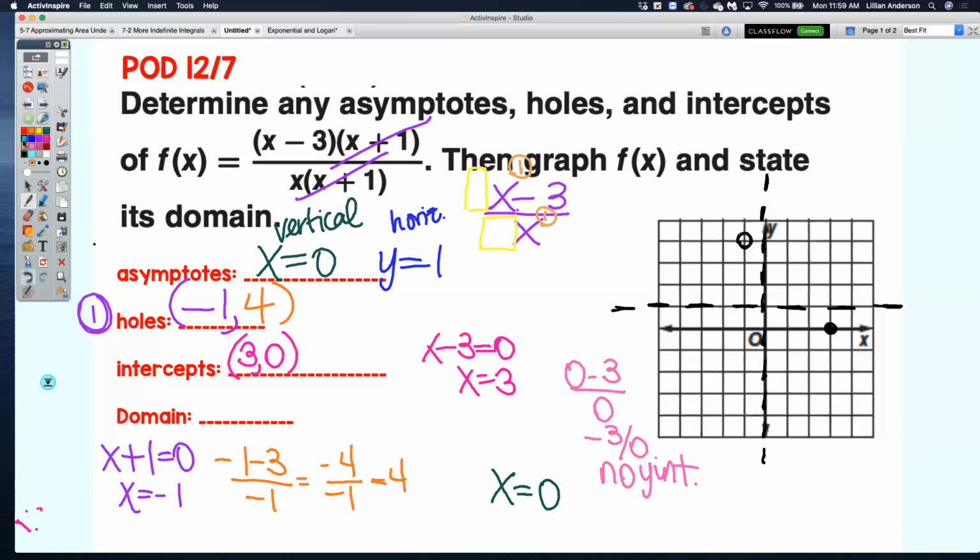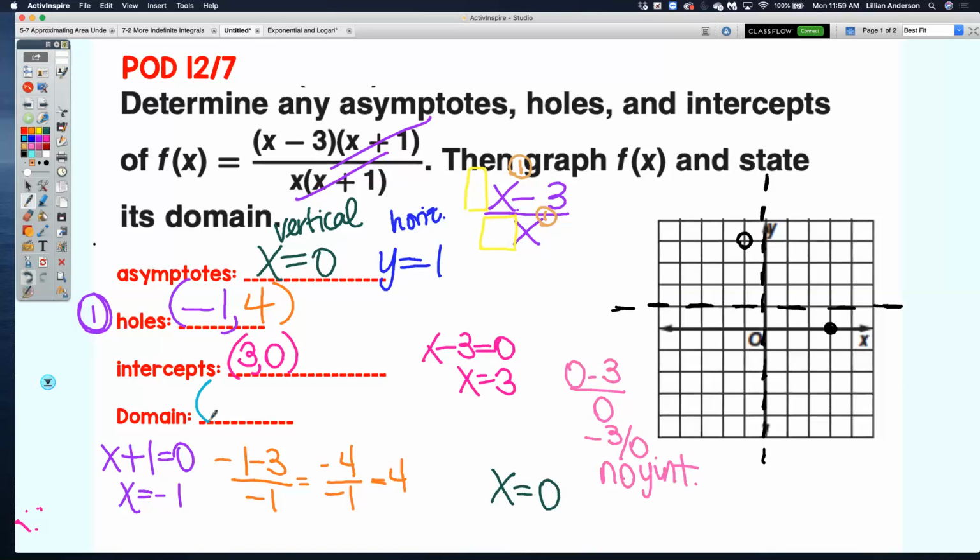So my domain is going to be all real numbers except what? 0 and -1. Because remember, there was a hole at -1, so that's one point of discontinuity, and the vertical asymptote is at 0. So x cannot equal 0 and x cannot equal -1.